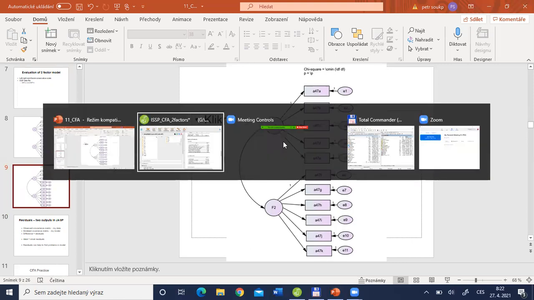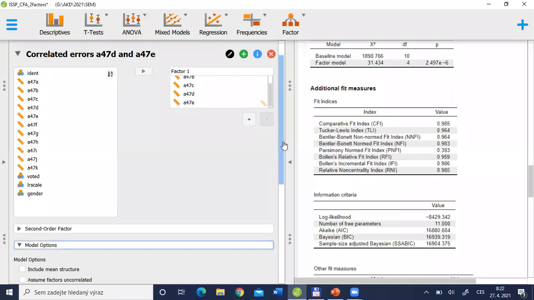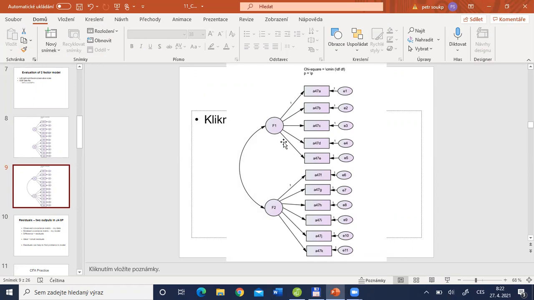So what's your opinion? Would we prefer the model with unrelated factors or related factors? I suppose it was the related factor.